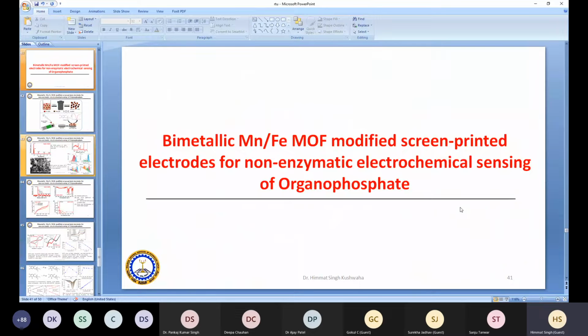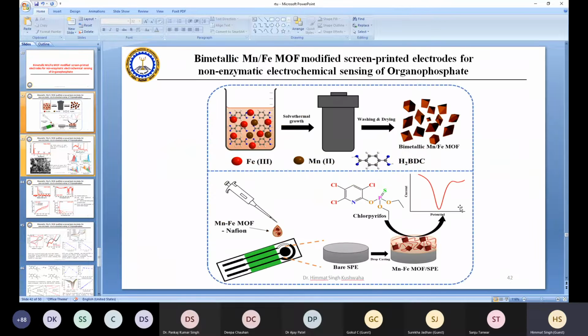Another work was performed for the sensing of another organophosphate using metal organic frameworks. These metal organic frameworks are materials where metal particles are embedded within organic frameworks.